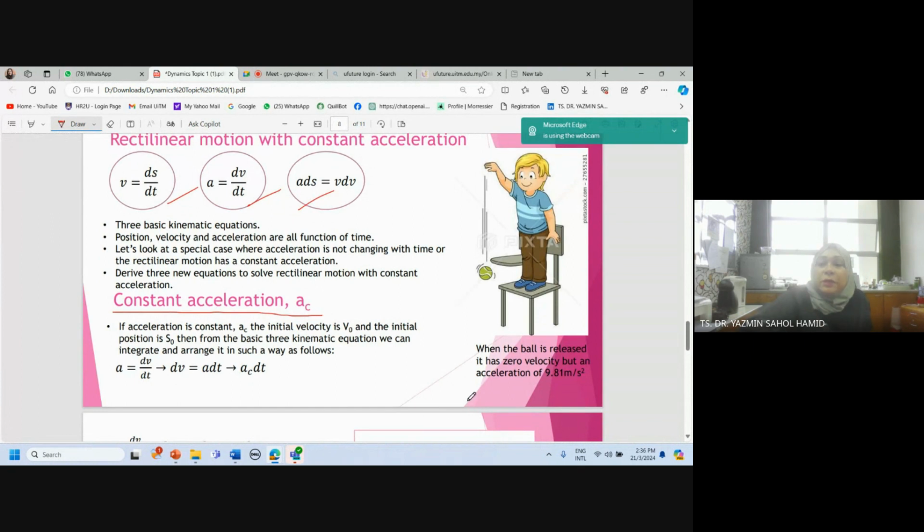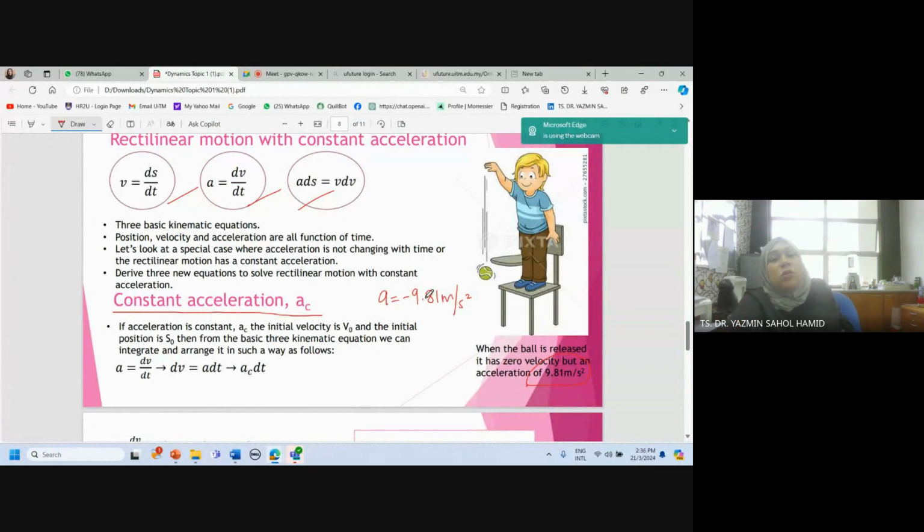As you see in the picture beside here, when the ball is released, it has zero velocity but an acceleration of 9.8 meters per second squared. This is an example of constant acceleration: the acceleration is constant and will be negative 9.81 meters per second squared.